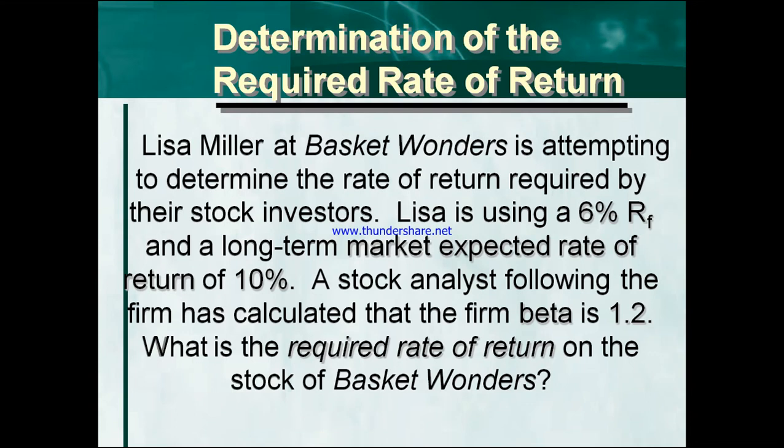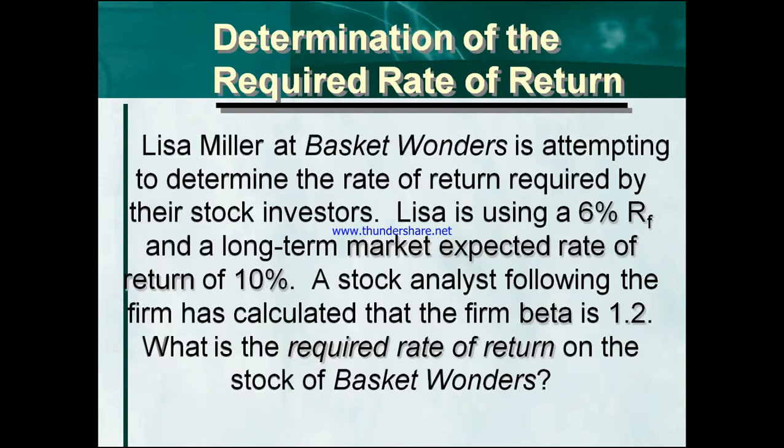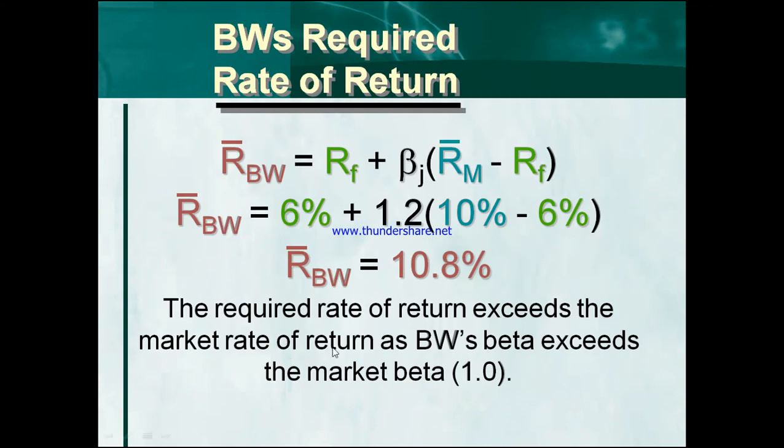From this we have the previous formula. Using this formula, we can compute that value. Here these are also the givens. So the required rate of return of this stock is 10.8%.